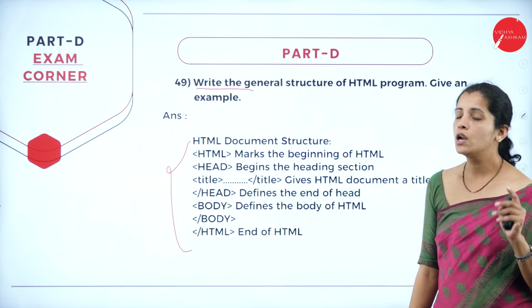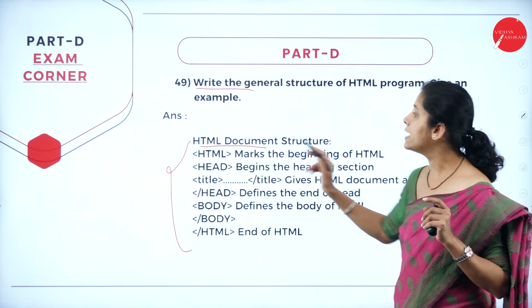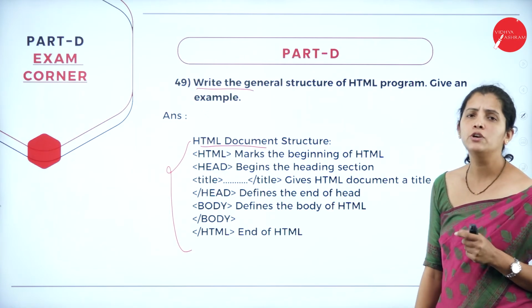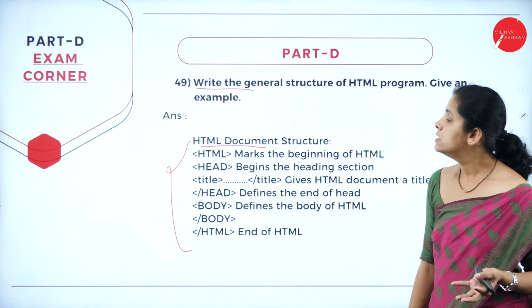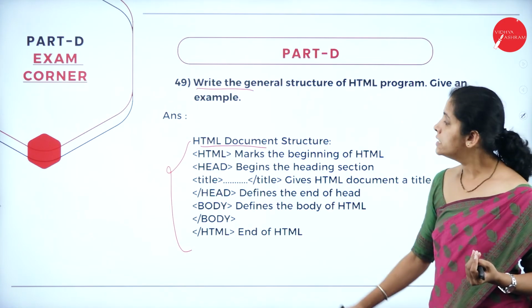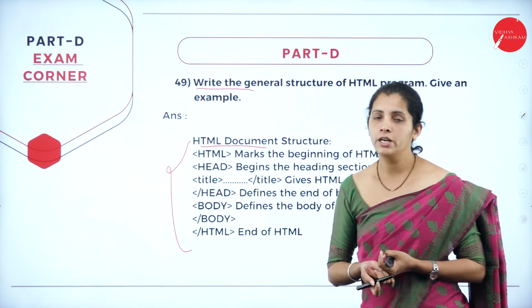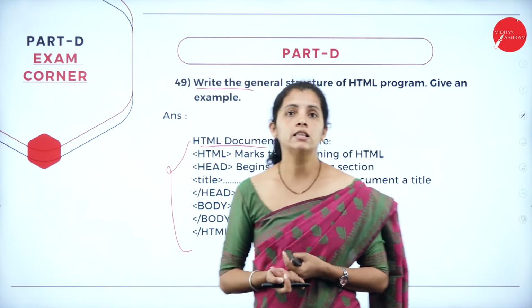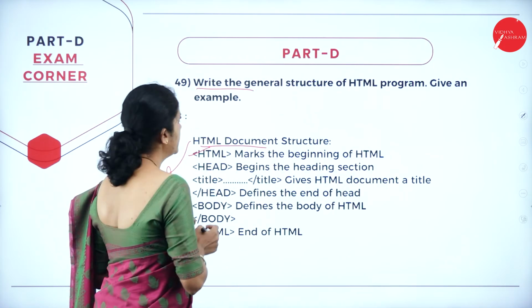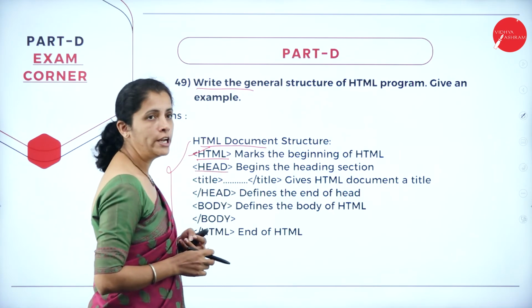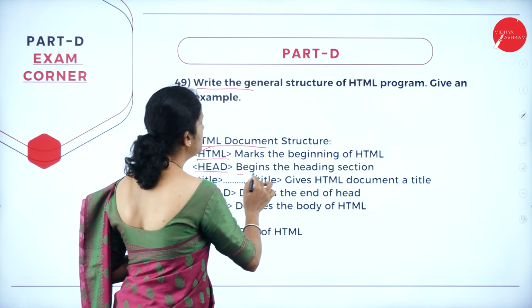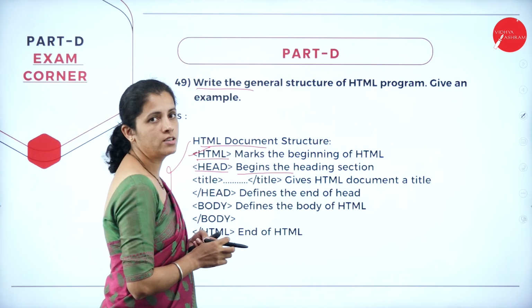Dear student, always make sure that at the beginning I'm going to have the documentation section. Without documentation section, it's fine, because it is ready to work without the documentation section. Now at the beginning, I'm going to have HTML tag, then I'm going to have head tag. This indicates that it begins the heading section.